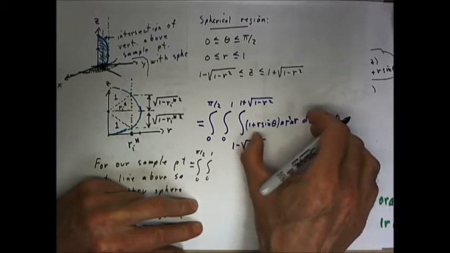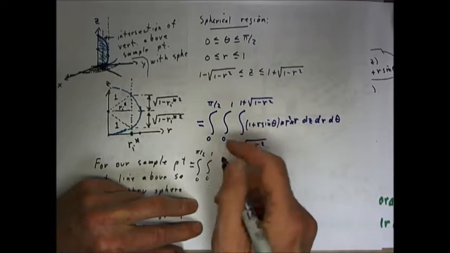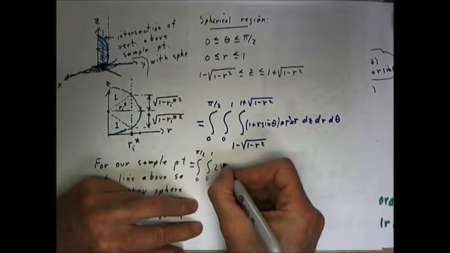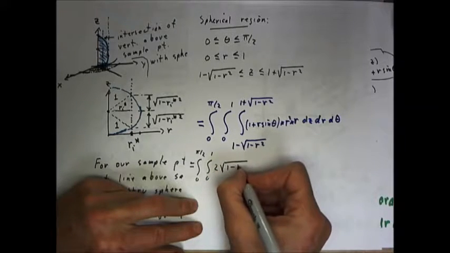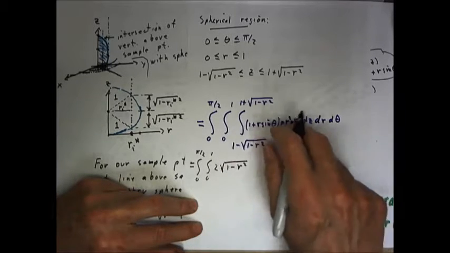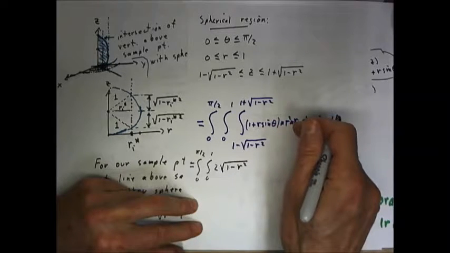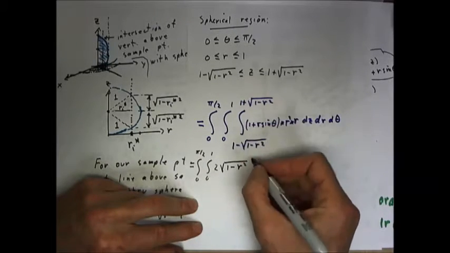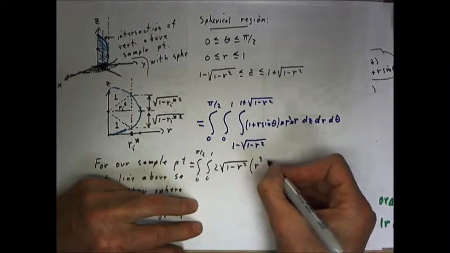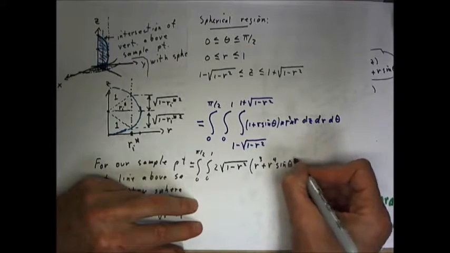So without writing the z and indicating all the details, this is very similar to what we've seen before. We're going to end up from the z integral with just 2 times the square root of 1 minus r squared. And then that's going to be multiplied by what we have here. That's r squared times r, which is r cubed, and then times 1 plus r sine theta. And that's going to give us r cubed plus r to the 4th sine theta.